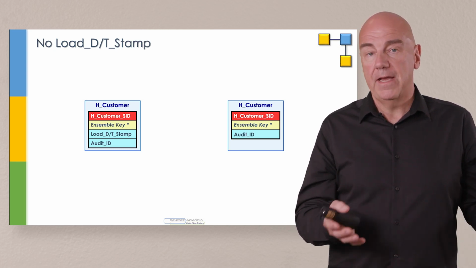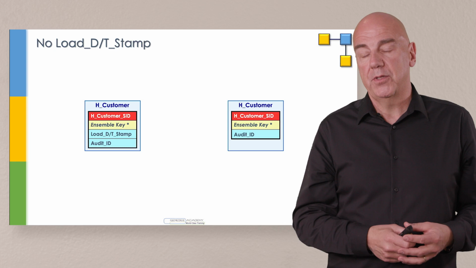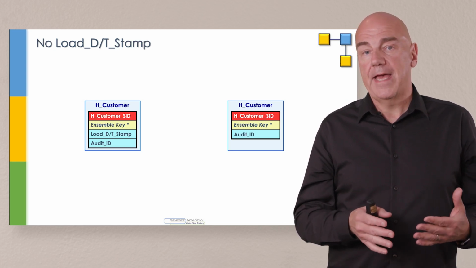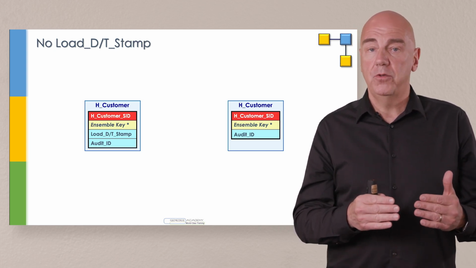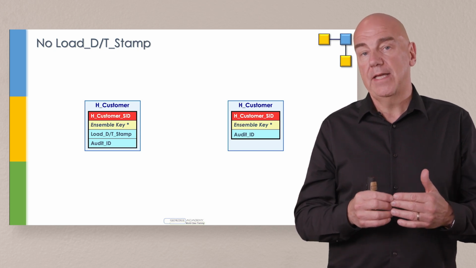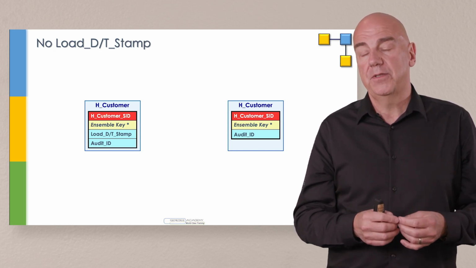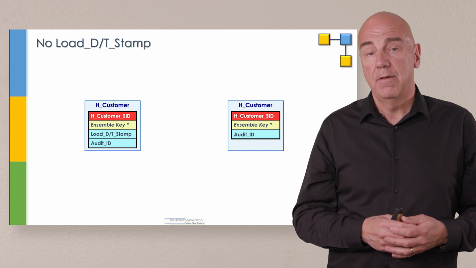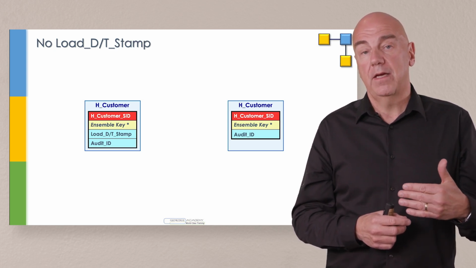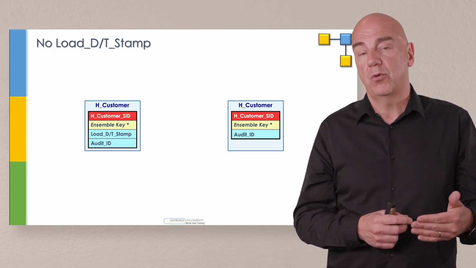And it came up that they weren't using load date timestamp in their hubs. The reason for that is they wanted to avoid any confusion with people using that technical data warehouse load date time as part of the key, or assuming that you could make this thing transition in a temporal manner.